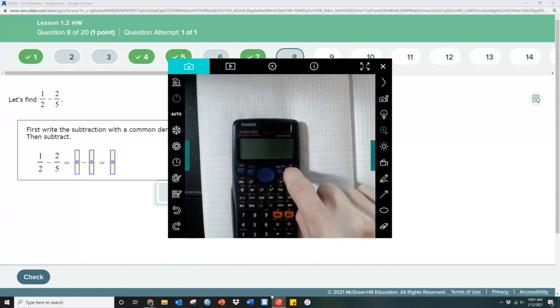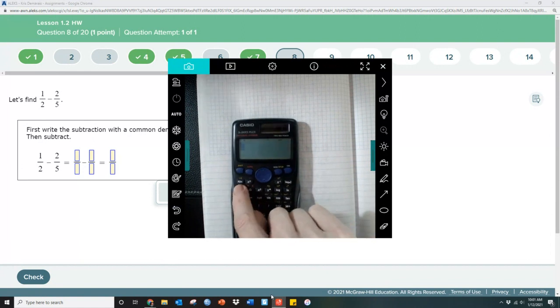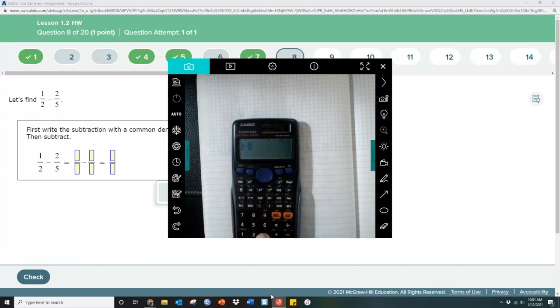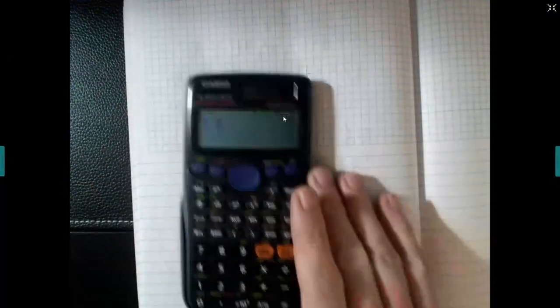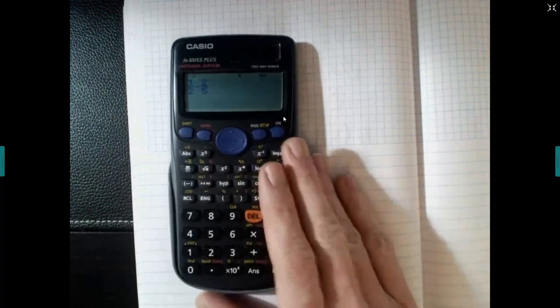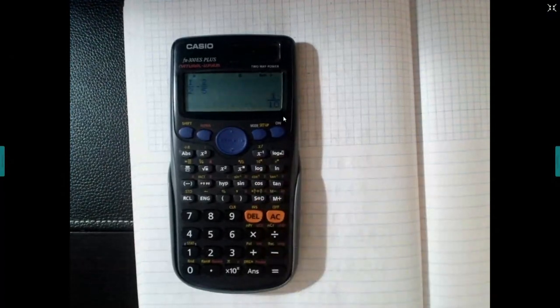But we could take our calculators and go like this. 1 over 2 minus 2 over 5. Now, I know that's maybe a little small, so I'm going to go ahead and increase that. So here we have this right here, and we go ahead and push enter, and we get that.